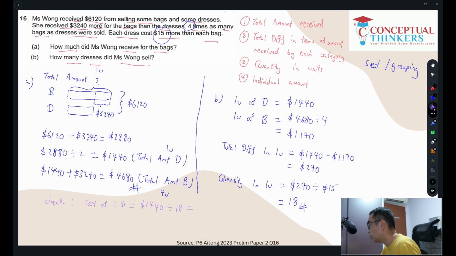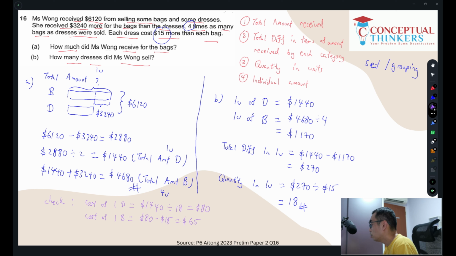I'll get the value as 80. So one dress will cost $80. Now let's calculate the cost of one bag. It will be $80 minus away $15.